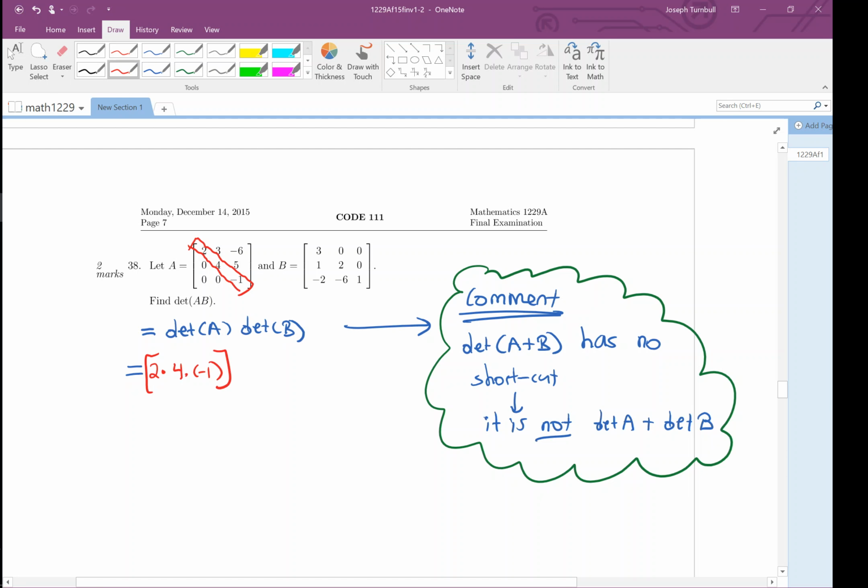And then for the second matrix, it's lower triangular. So 3 times 2 times 1. And then we can clean that up. That's negative 8 from the first one. And then 6 from the second one, which is negative 48.